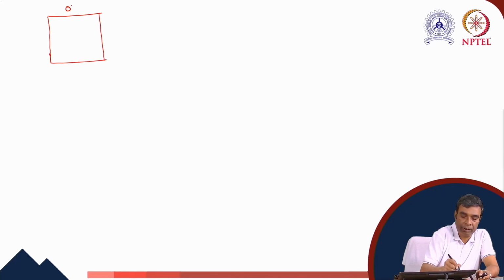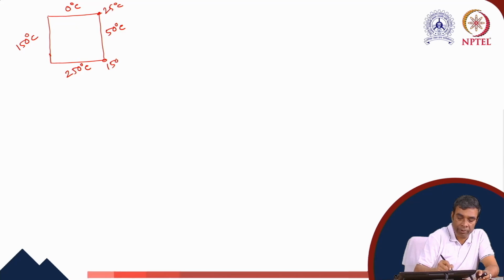So this is 0 degree centigrade, this is 50 degree centigrade, this is 250 degree centigrade, this is 150 degree centigrade, this is 25 degree centigrade, this is 150 degree centigrade, this is 200 degree centigrade, and this is 75 degree centigrade.